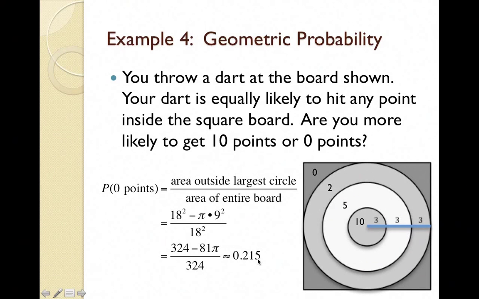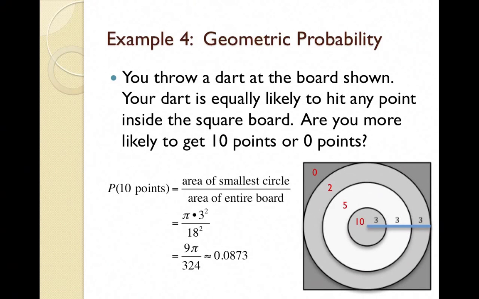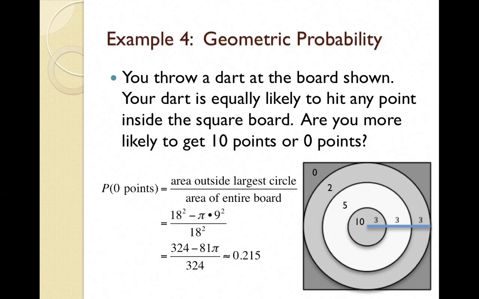So when I compare that to my probability for getting 10 points, it becomes pretty clear that I am more likely to end up with 0 points than 10 points based on the areas of those regions. So that's an example of geometric probability, where you're using geometric means like finding area in order to figure out the probability of your event occurring.